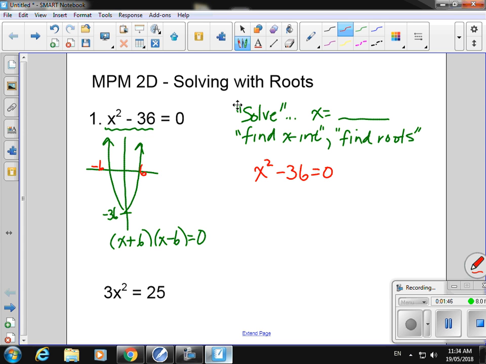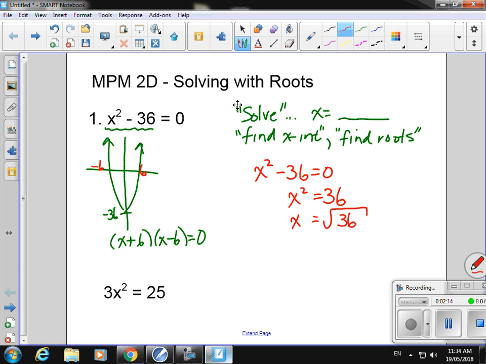So if I decide instead to use roots, as in square roots, I can add 36 to both sides and say, okay, that is true for this equation. Can I get my answer? Sure. I've got to take the square root of both sides. But we need to remember that 6 squared is 36, but so is negative 6 squared, 36.